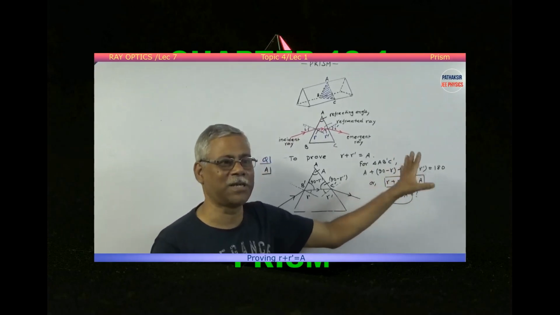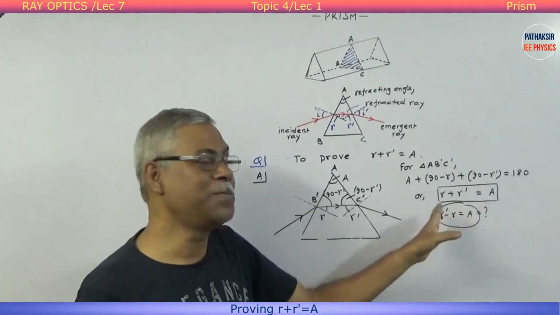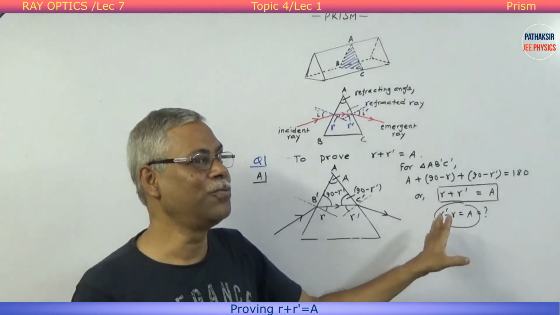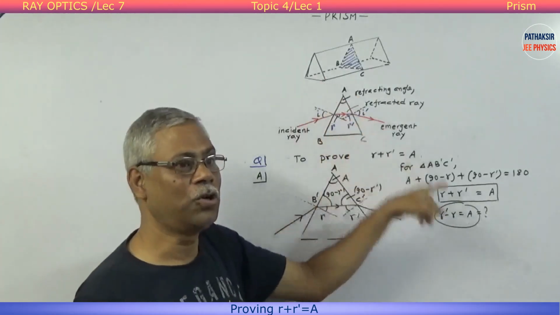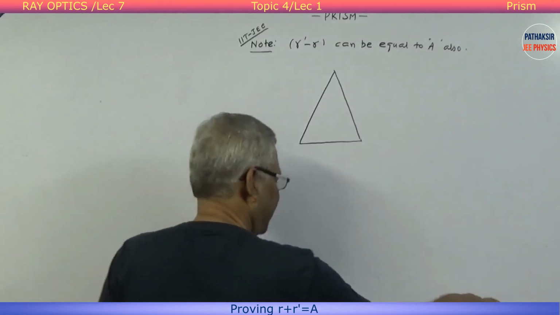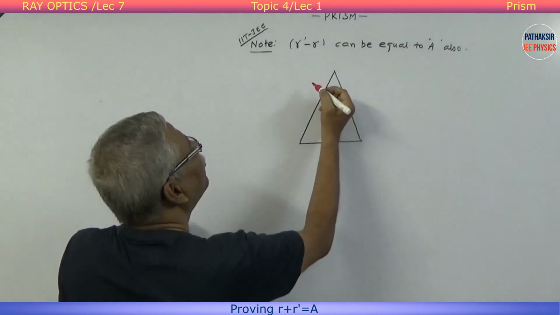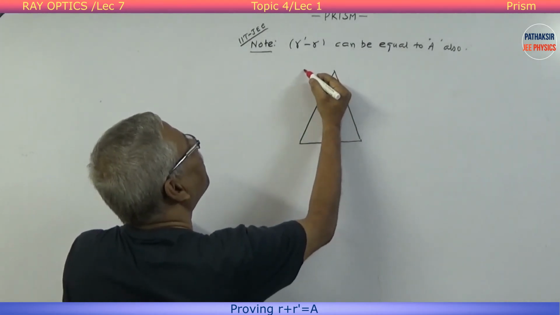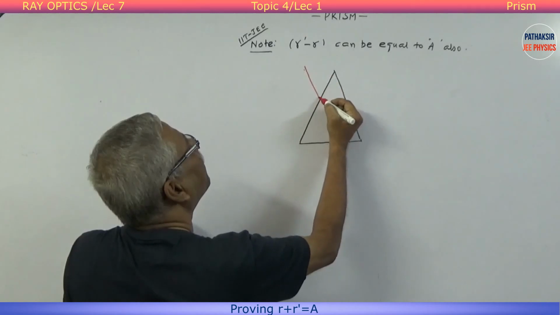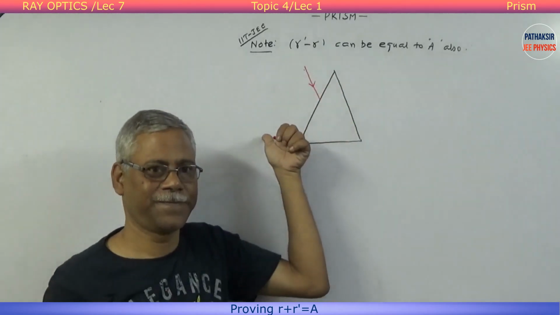Mostly you will see that r plus r dash equal to A, but remember that r dash minus r can also be equal to A. I will show that situation. Let us consider a ray of light falling like this, falling on the same surface.